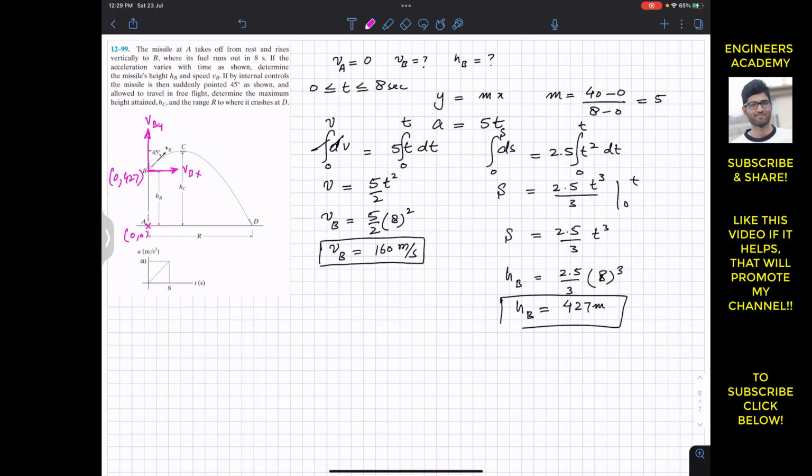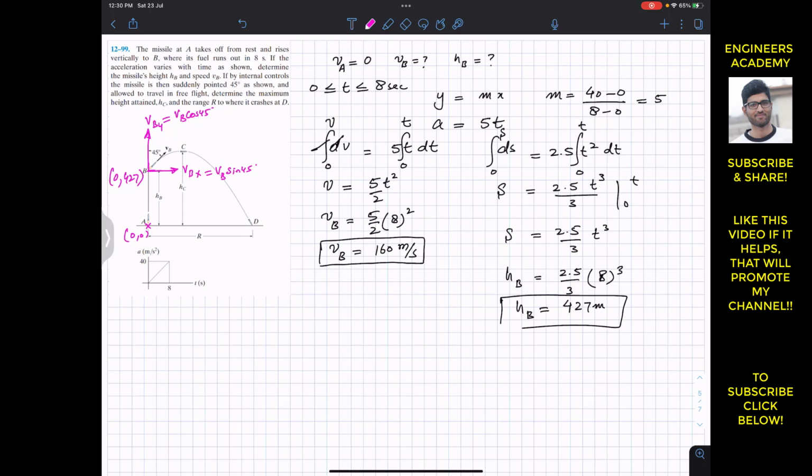As we can see, if this is VB and VB is making 45 degrees, then VBY is the cos component. So we can write that VBY is VB cos of 45, and similarly VBX is the sine component. So this is VB sine of 45 degrees.